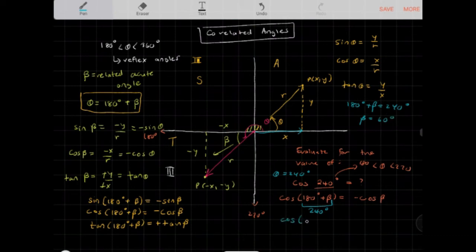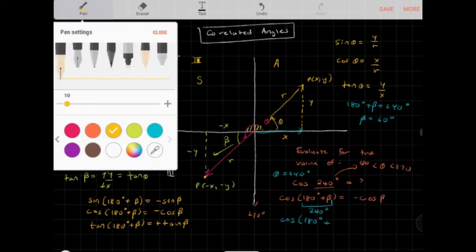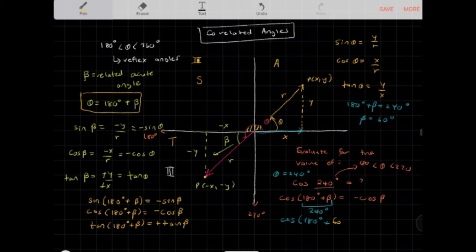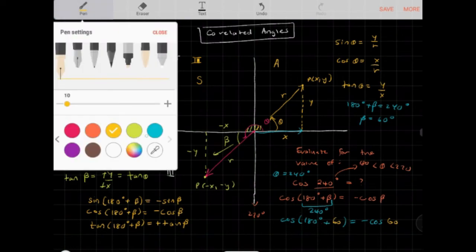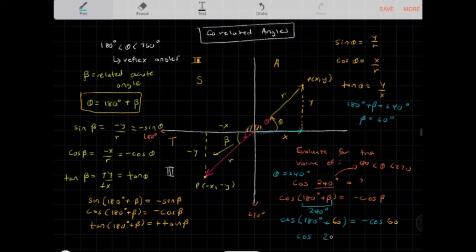So therefore cosine of 180 degrees plus beta, in this case 60, is equal to negative cosine beta, where beta in this case should be 60. It's kind of like a function in a sense, right? In this case, we get cosine 240 degrees is equal to negative cosine 60 degrees, and we know that cosine 60 is 1/2, so cosine 240 is equal to negative 1/2.